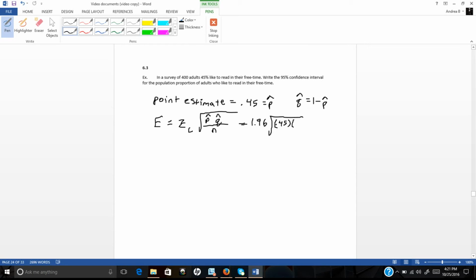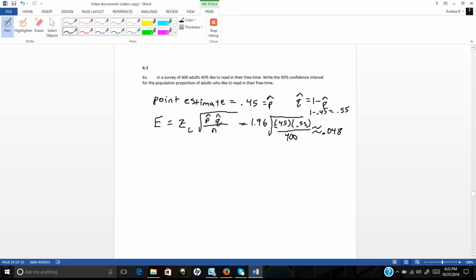Here, 1 minus 0.45 gives us 0.55 for our q hat. And n, remember, is the sample size, which in this case was 400. If you calculate that, you should get approximately 0.048.